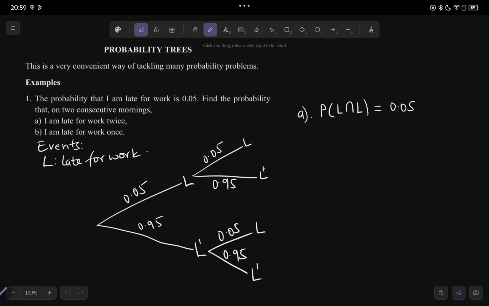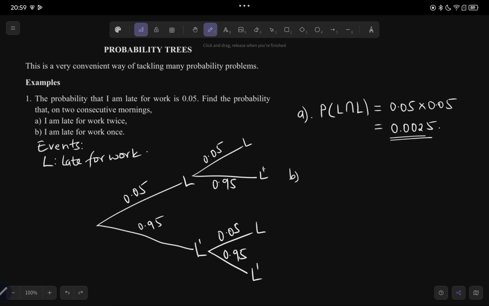These are independent events. The second morning is 0.05. So 0.05 times 0.05, the calculator gives us 0.0025. That is being late for work twice.